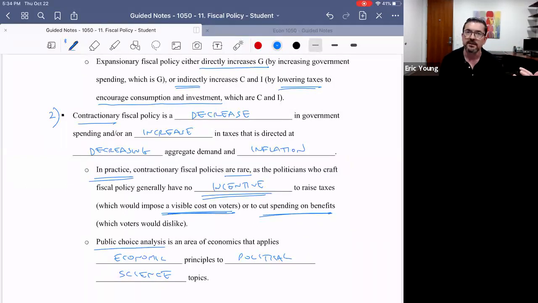The idea of incentives, the idea of opportunity costs, the ideas of information that we've discussed, all of those ways of economic thinking can all be applied to the political sphere. And it lends to a really rich understanding of the motivations of politicians and even to the overall structural functioning of political groups and political offices and bureaucracies. Okay, so we call that public choice analysis, just so that you know it's a way to look at poli-sci and politics with the economics lens attached.